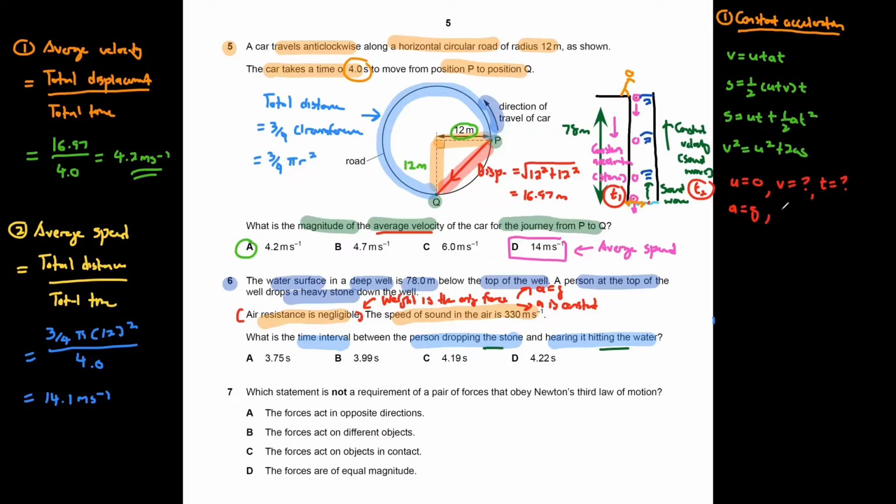And then as for our displacement, we already know it's 78 meters. So there are two unknowns here. The final velocity on hitting the water surface and the time taken to hit the water surface. So the time taken to hit the water surface is what we want to find out, whereas the final velocity on hitting the water is not what we want to know.